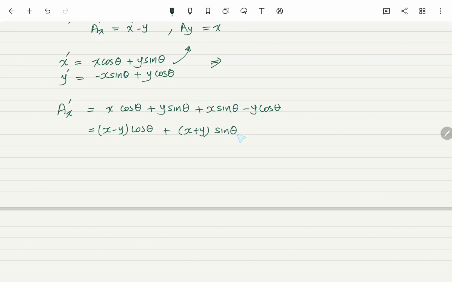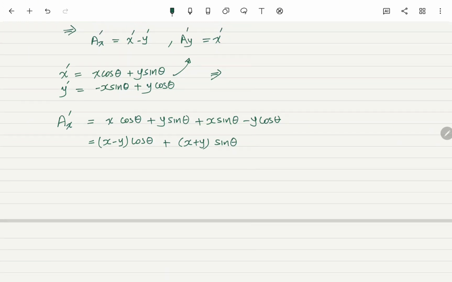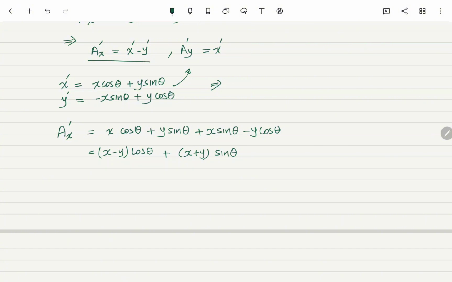And from this result here, we can say that back here, ax equal to x minus y, which has no problem in this one here, but x plus y is not equal to ay, as ay, as we define it here, equal to x prime.